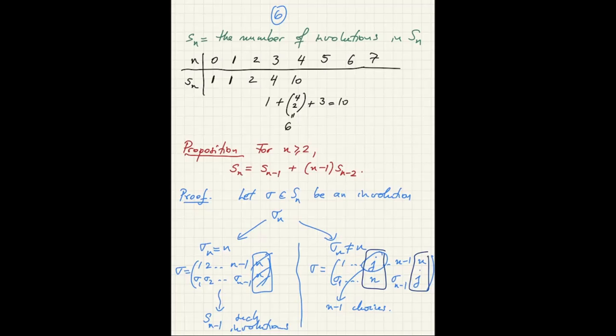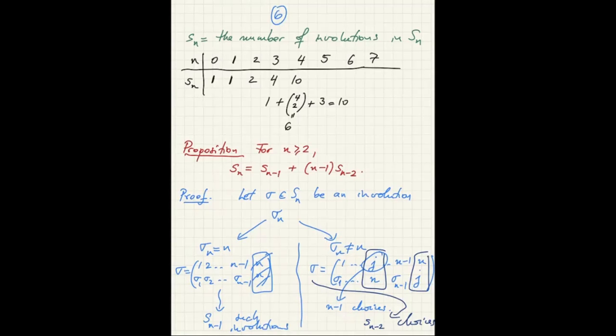And this permutation is also an involution. It's going to be a product of disjoint cycles of length 2, transpositions, and fixed points. So we will have Sn minus 2 choices for such a permutation on n minus 2 elements.